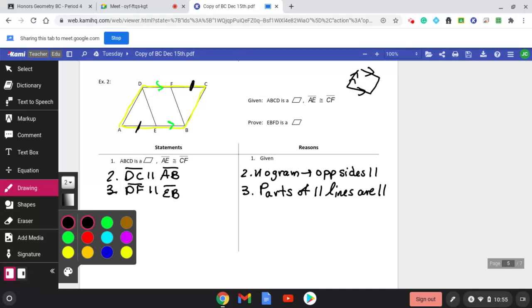Could I get the other pair parallel? That's an option to make it into a parallelogram. Or here's my other option, that special case. I have these two parallel. Could I make those two also congruent? Then I would have a parallelogram. Those are my two options right now. Get the other pair parallel or get the same pair congruent. I think most of you would probably want to go one way over the other here.